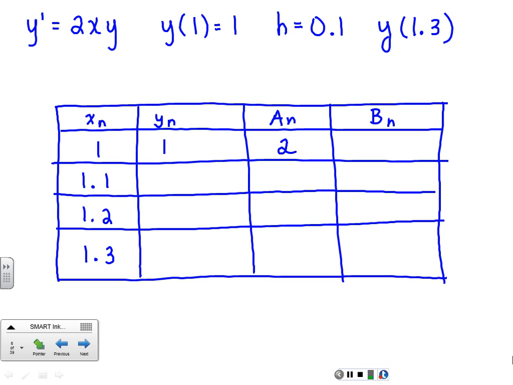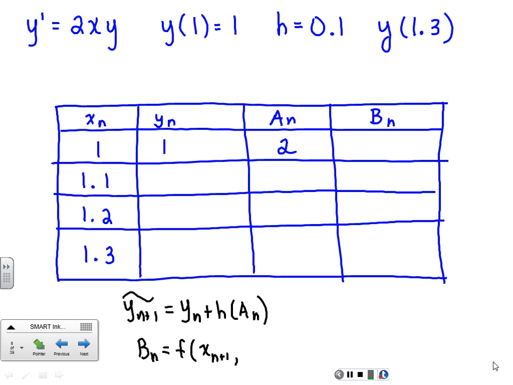Let me write this on the board over here to help us remember. Y sub n plus 1 temporary is y sub n plus h times a sub n. B sub n is a new function, a new DE, where for your x you use the next x, x sub n plus 1, and you use this y sub n plus 1 temporary as your y.